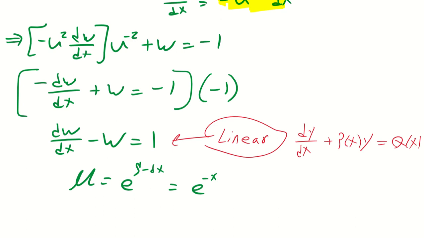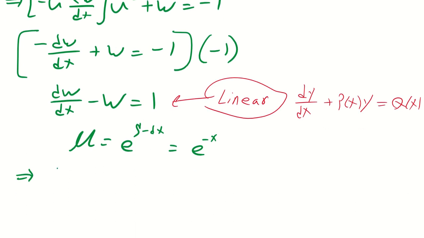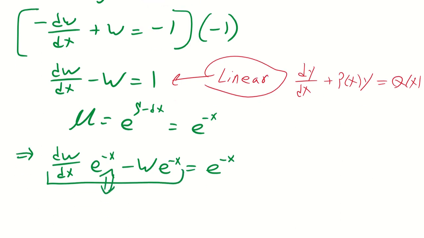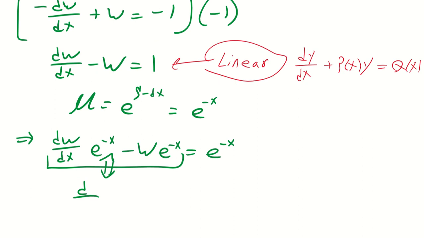Okay. So let's multiply everything by that integrating factor. We have dw dx times e to the minus x minus w times e to the minus x is equal to e to the minus x. This left-hand side is equivalent to the derivative of the product of w times e to the minus x.